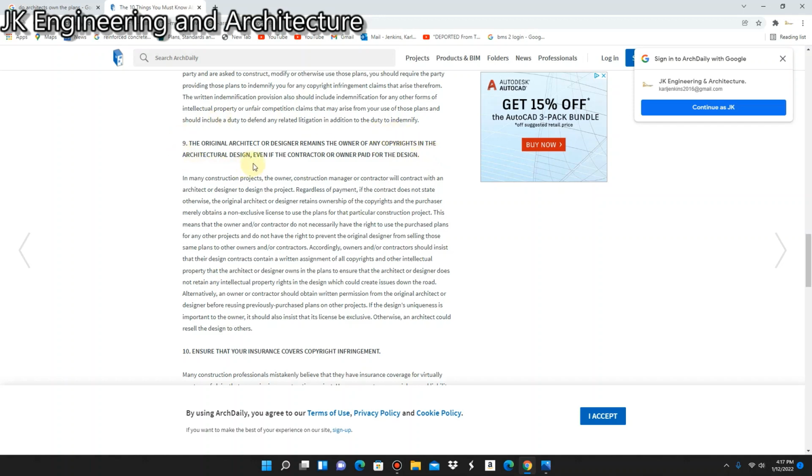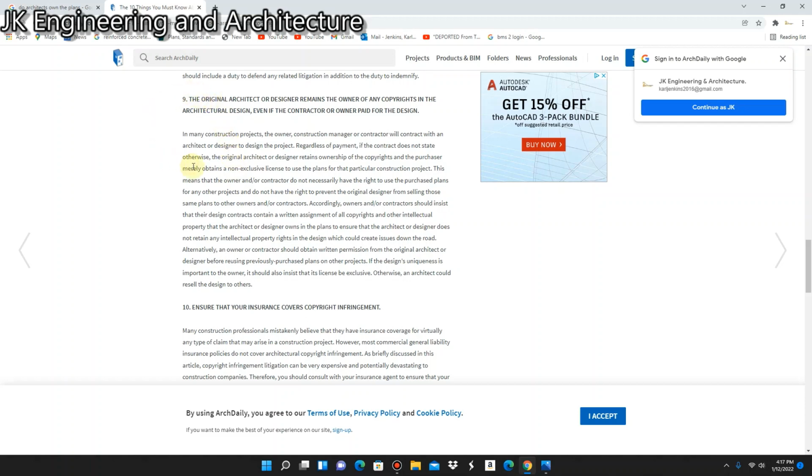So you can Google this topic. If anyone out there wants to understand this topic some more, you can also do your research. But let me read what 9 is saying. It says, in many construction projects, the owner, the construction manager, or contractor will contract an architect or designer to design the project.